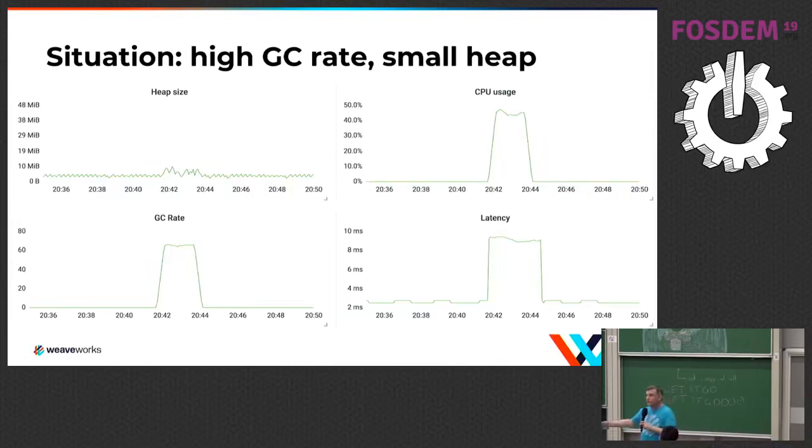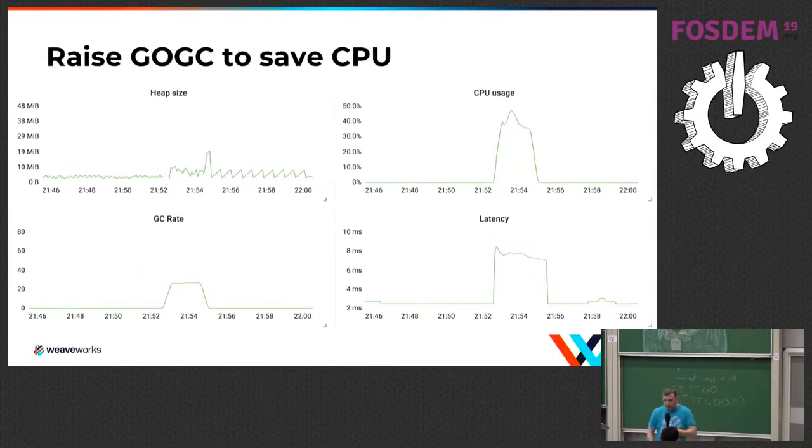So we can go in the opposite direction. We can raise GOGC. We can say, dear Mr. Go Garbage Collector, I would like you to use more memory. Just like chill out, man, and use more memory. So this is GOGC equals 200. I could run the live demo, but you'd probably get bored.